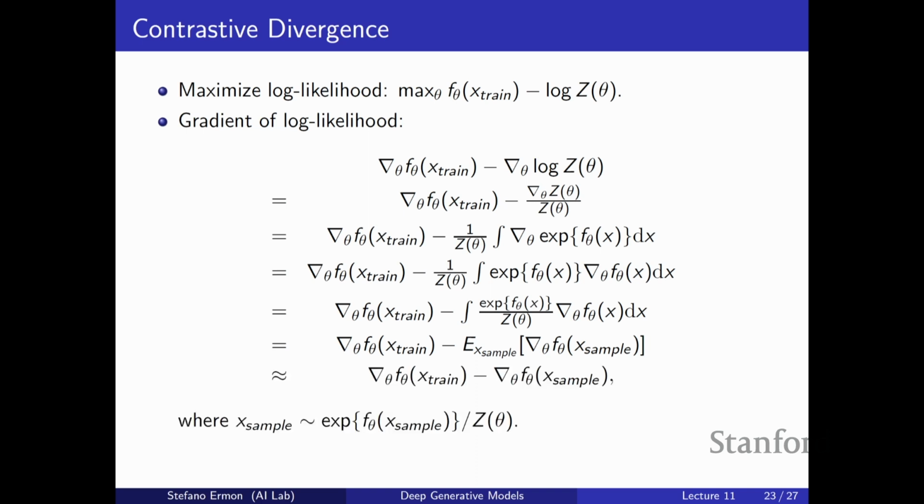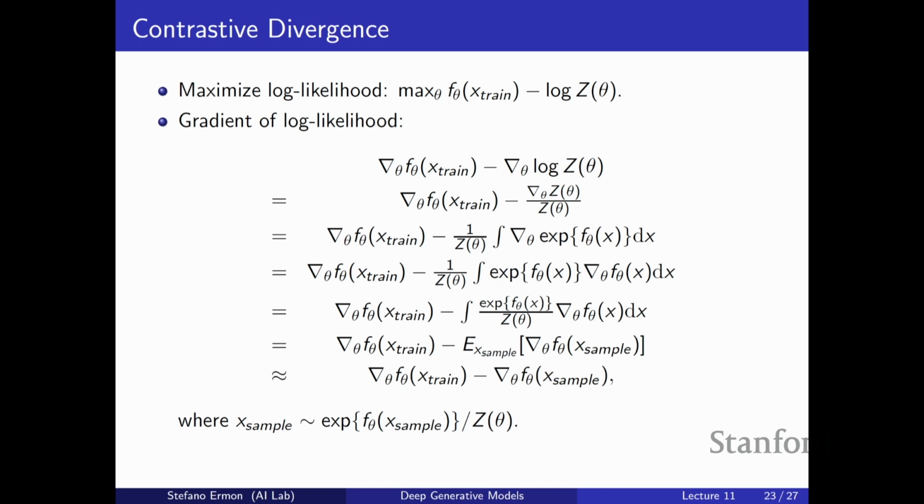The contrastive divergence algorithm is just a Monte Carlo approximation of that expectation. We approximate the expectation with respect to the model distribution with a single sample, and that's an unbiased estimator of the true gradient. So the true gradient is the difference between the gradient evaluated at the true data point and the gradient evaluated at a typical sample, what you get by sampling from the model.